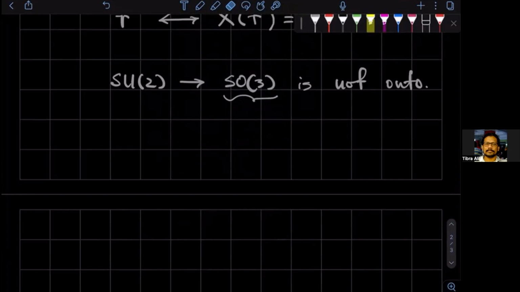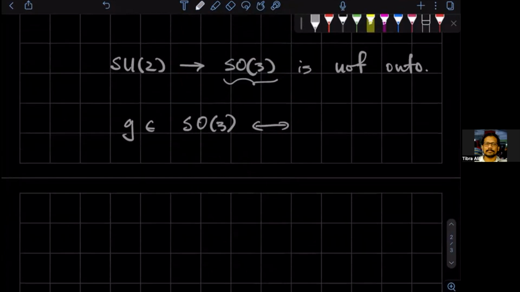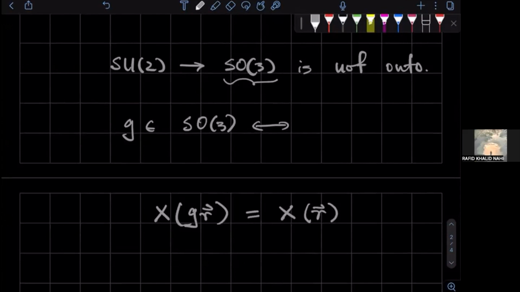So there would be some G in SO3 for which there is no element in SU2. That means G acting on R, given X, would give me the same X. Why is this, sir?